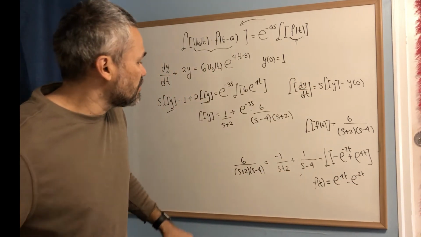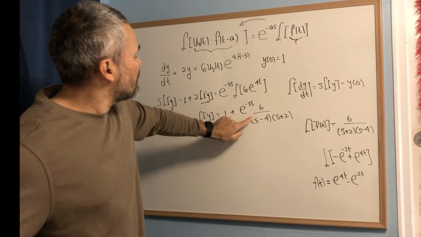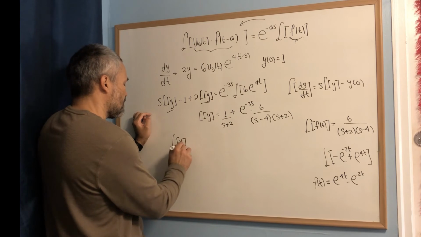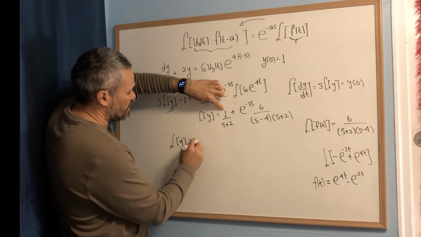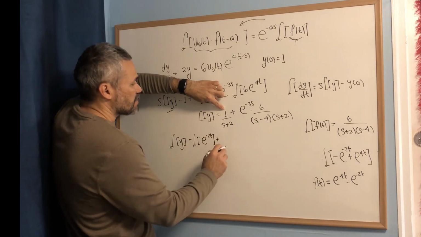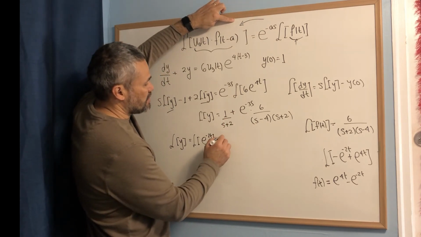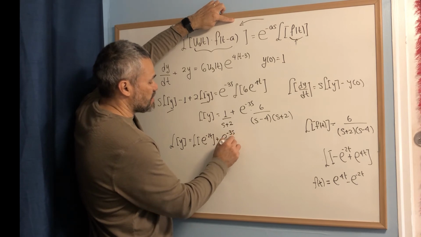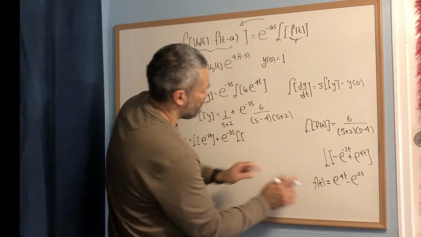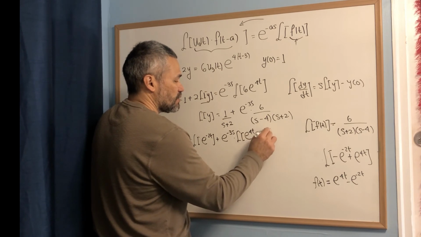And now we can continue. This is the function f of t, and then we have that the Laplace transform of y is equal to, I can rewrite this as the Laplace transform of e to the negative 2t plus, and using the formula from right to left, we can see that this is e to the negative 3s times the Laplace transform of this function, e to the 4t minus e to the negative 2t.